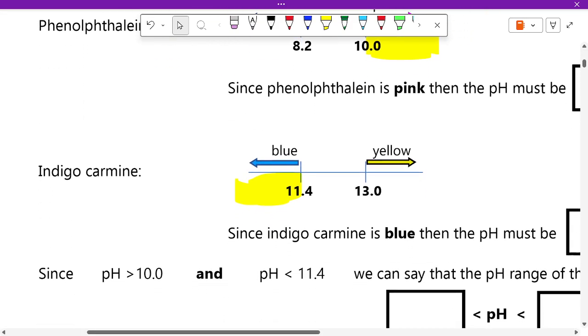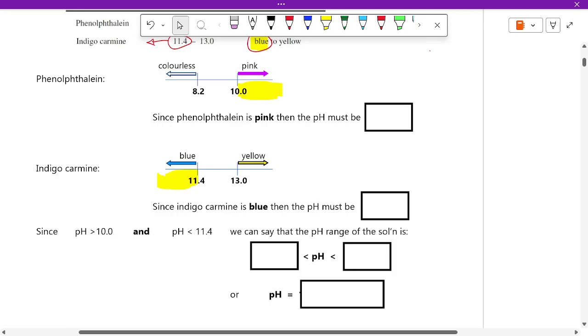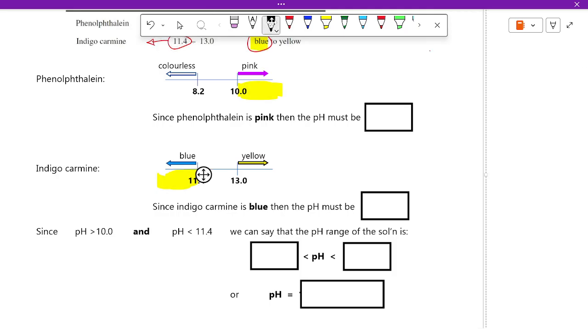And then if we put them both together, phenolphthalein is pink, so the pH must be greater than 10. Since indigo carmine is blue, pH must be less than 11.4.